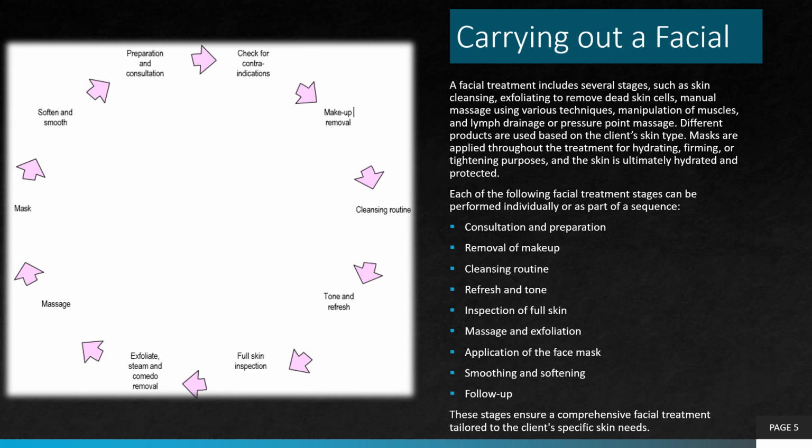You would then carry out a second cleanse using those specific products for the client's skin type, massage and exfoliation, the application of face masks, soothing and softening, and also follow-up appointments too.